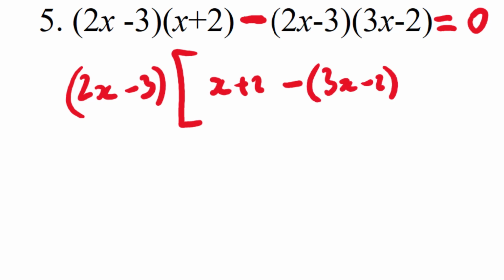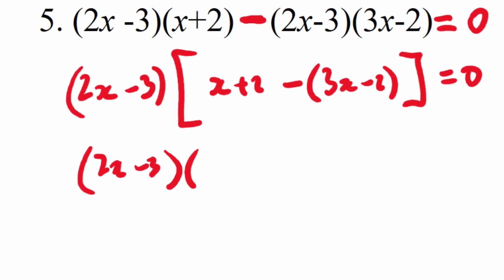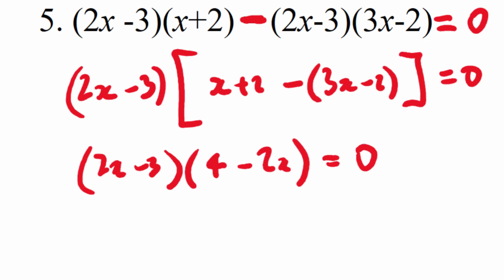That has to be in brackets. And that is 2x minus 3. And then inside these square brackets, I've got a minus 2x. I've got a plus 4, I think. So it's minus, I think it's that. And so x is equal to 2. Or x is equal to 3 over 2.